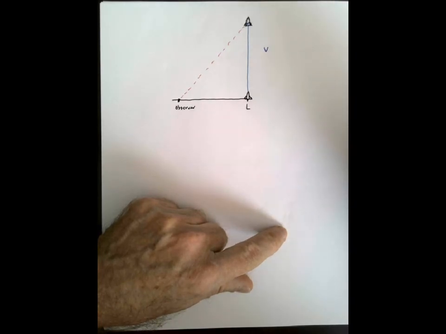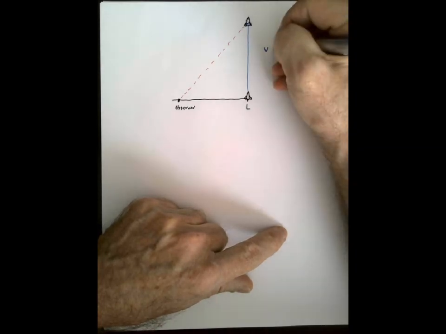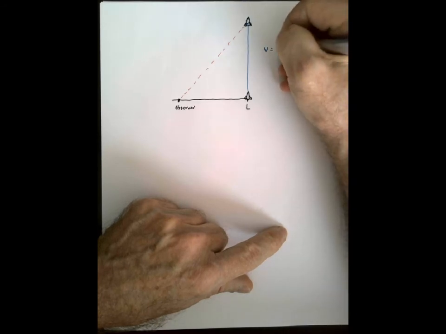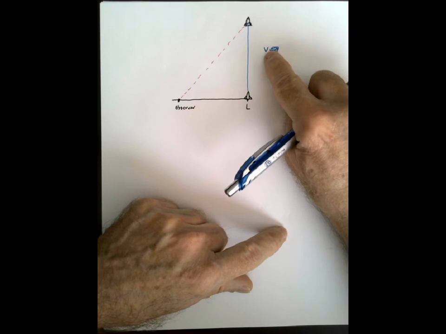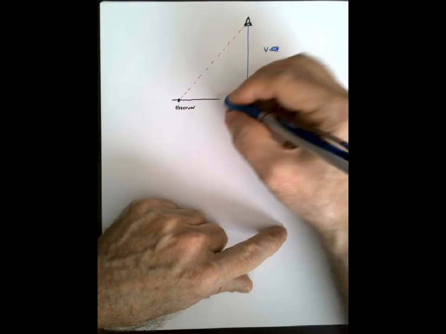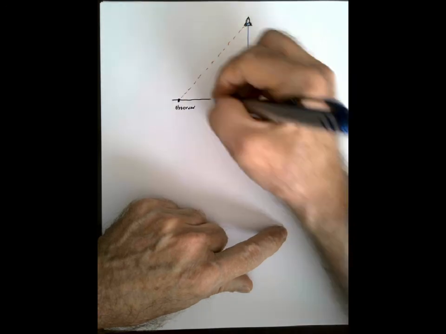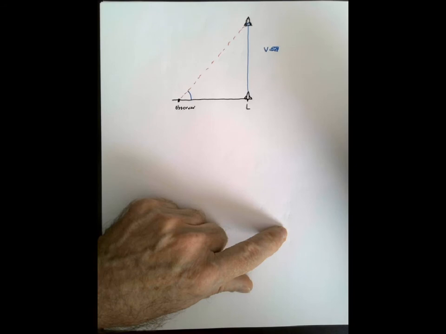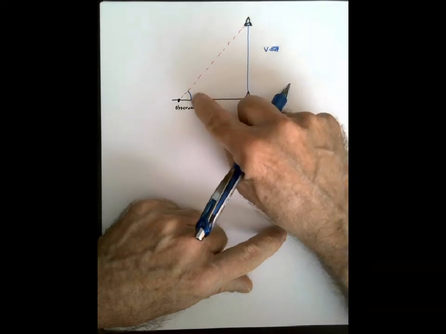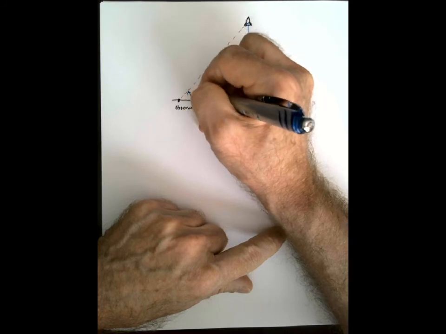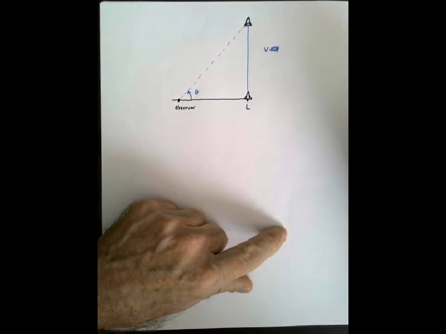Okay? Well, let's say that the velocity of the rocket is, well, let's not worry about a number here. There's a velocity of the rocket there, right? Over here, the observer is watching the rocket, and as the observer watches the rocket go upwards, of course, the person's eyes track through some angle theta, right?